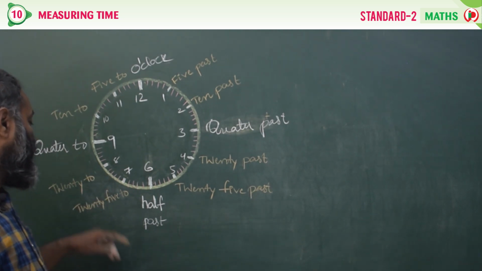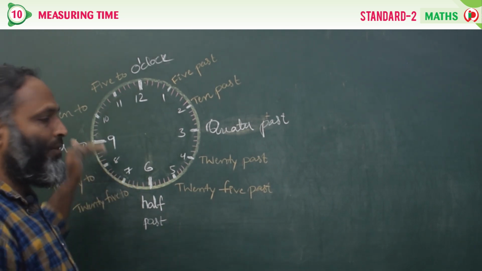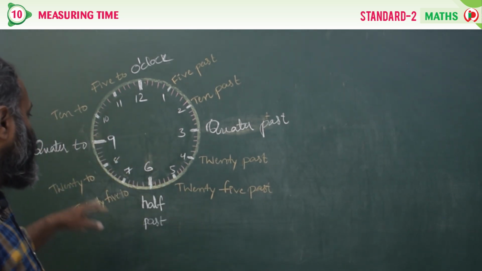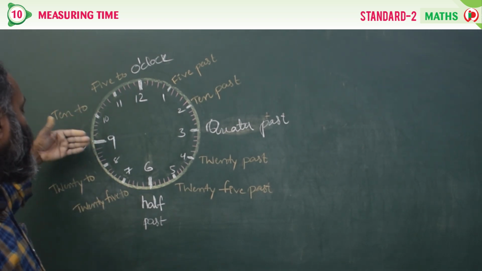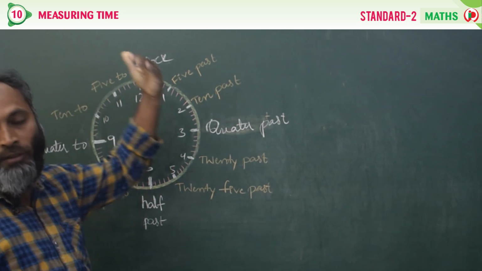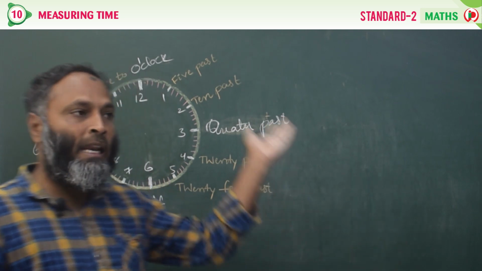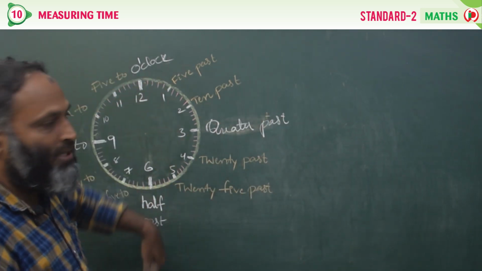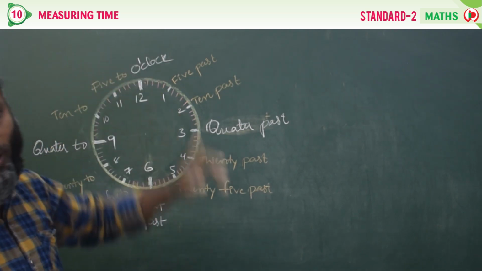At 7, 25 to the next hour, not past. At 8, 20 to. At 9, quarter to. At 10, 10 to. At 11, 5 to. We should say the time like that. Till 6 it is past. After 6, from 7 to 12, to will come.